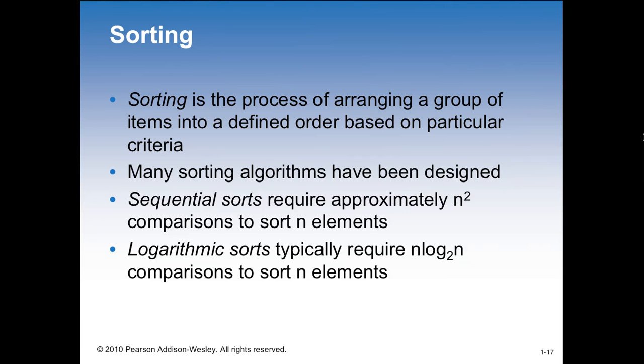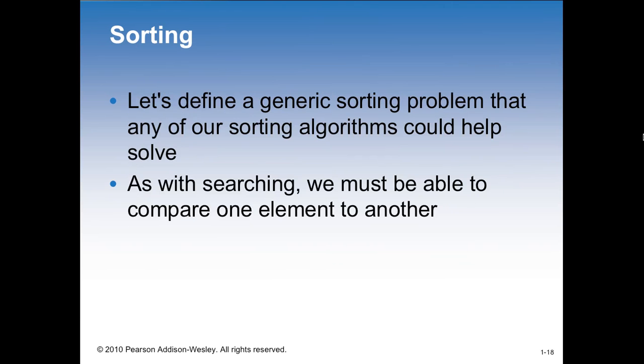It requires approximately n^2 comparisons to sort n elements, sort of like a linear search. It's sequentially going through the list, sorting each one of the items and placing it in a particular order relative to the other items. Logarithmic sorts typically require n log2 n comparisons to sort n elements.